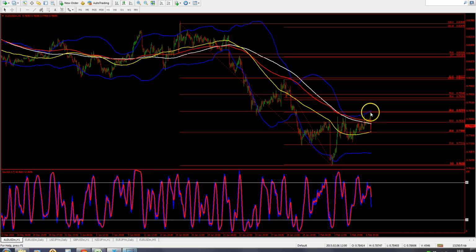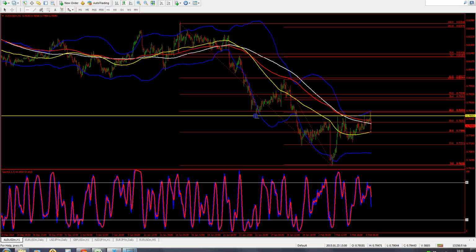We can see the price reacted off these two Fibonacci levels. Draw in the low at this candle, because that was a low before the price retraced and then broke through it. So that's a support level. Support possibly going to become resistance.